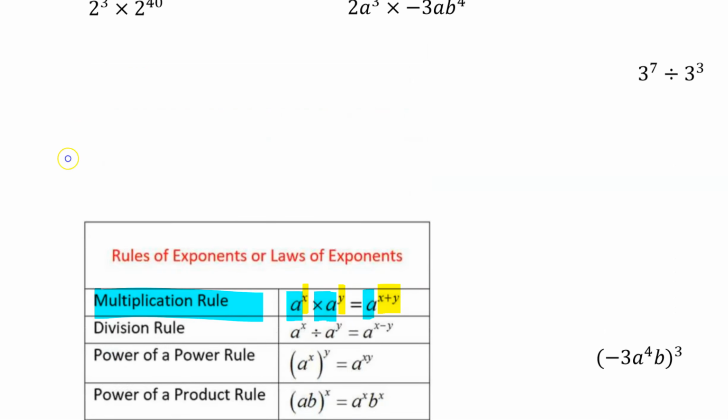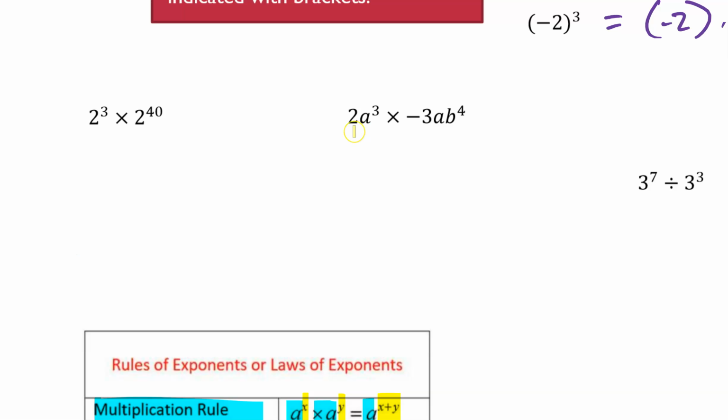So what does that mean? Let's look at these two examples up top. In the first case, you see 2 to the exponent 3 times 2 to the exponent 40. You can punch this in the calculator and see what you get.